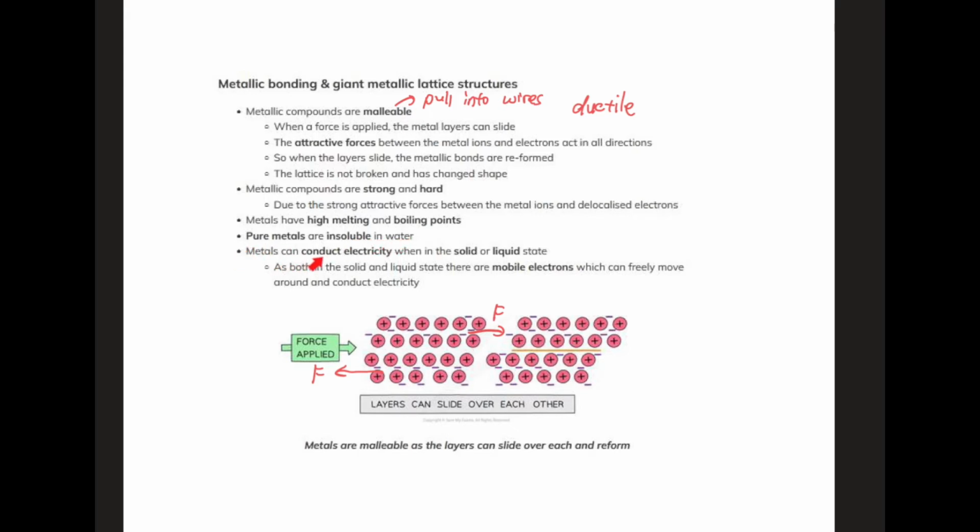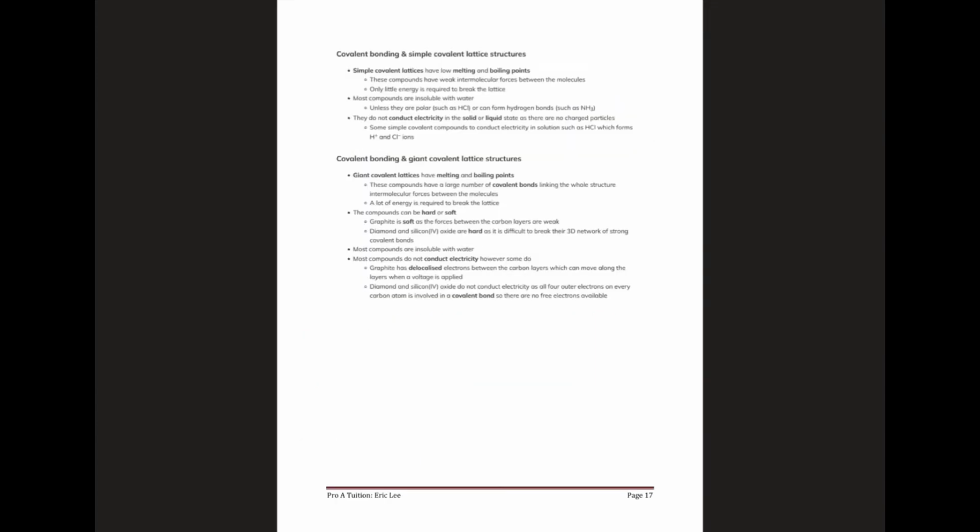Okay, metals can conduct electricity in the solid or liquid state because they have delocalized electrons. So in both the solid and liquid state, there are mobile electrons which can freely move around and conduct electricity. Okay, so let's move on. Now it comes to covalent.